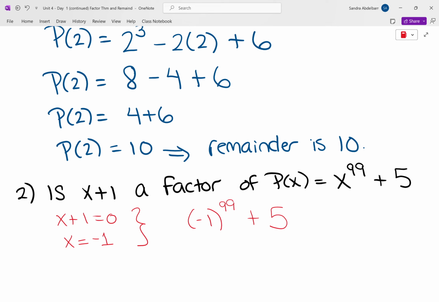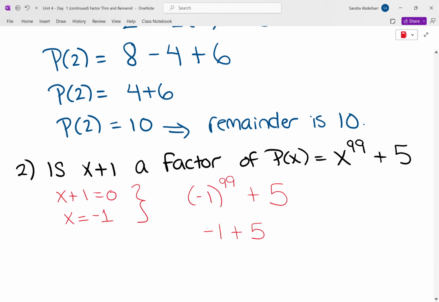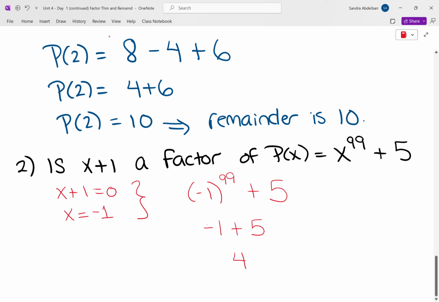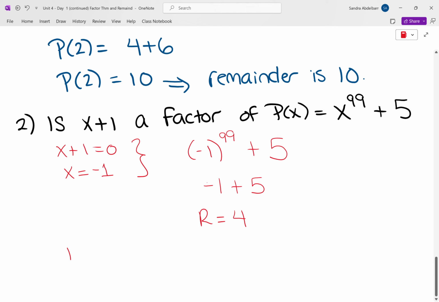If you take a negative number to an odd power, it is negative. Well, 1 times itself, however million trillion times, it's always going to be 1. So negative 1 to an odd power is still negative 1. And then we have negative 1 plus 5, which is 4. So the remainder is 4. Is it a factor? Not a factor.